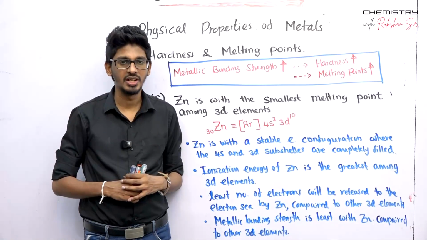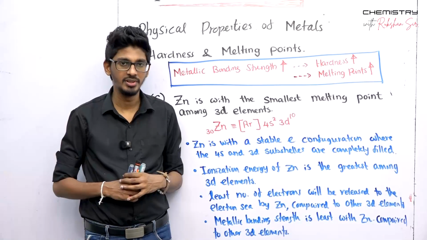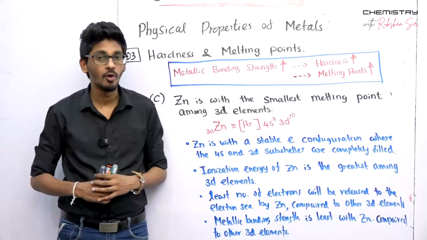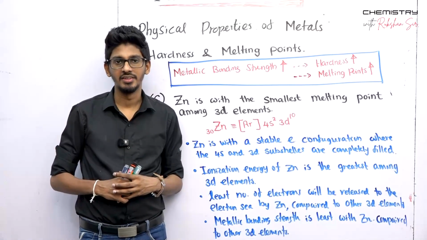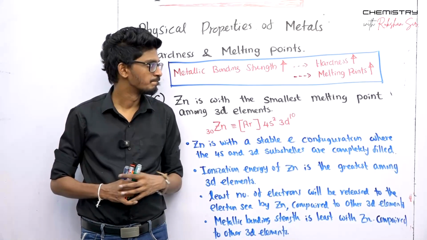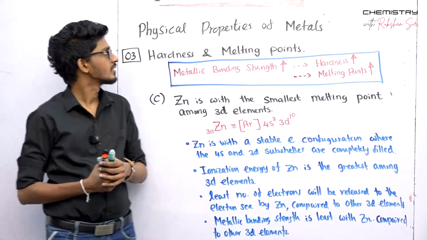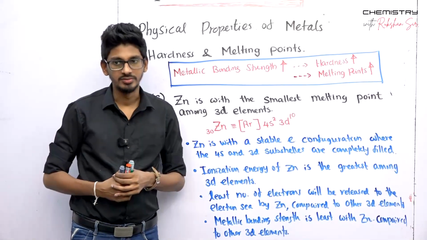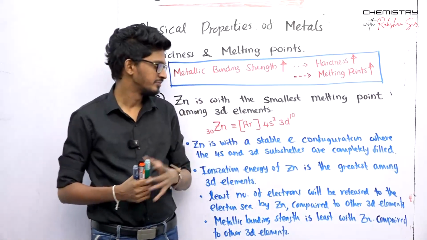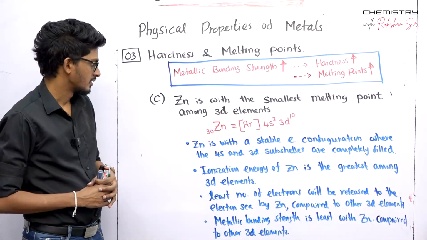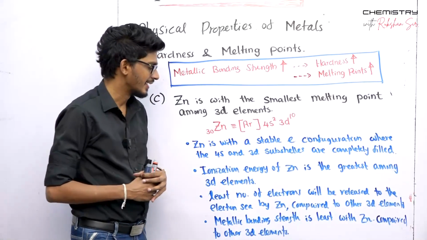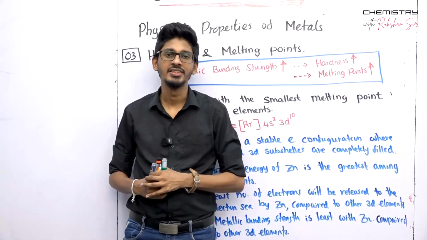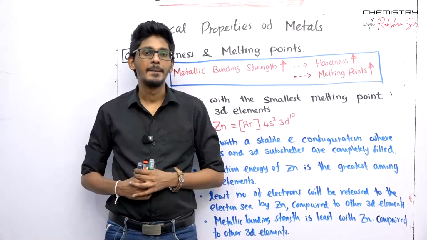Now we have completed the discussion about the covalent bond, ionic bond, as well as the metallic bond. So you can complete the note here. That is the end of the discussion of the metallic bond.